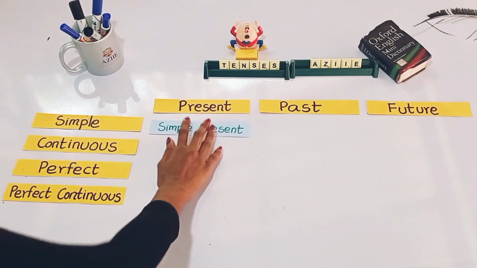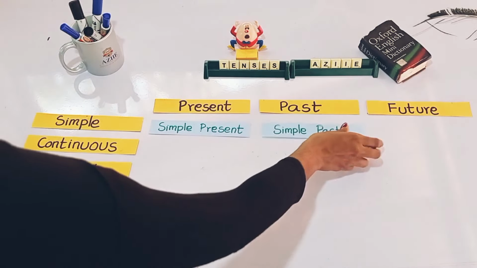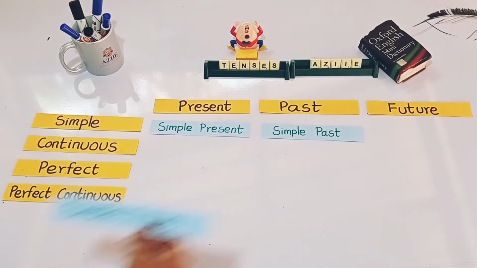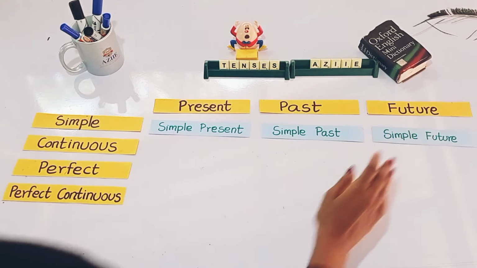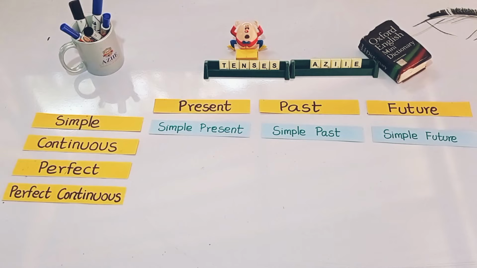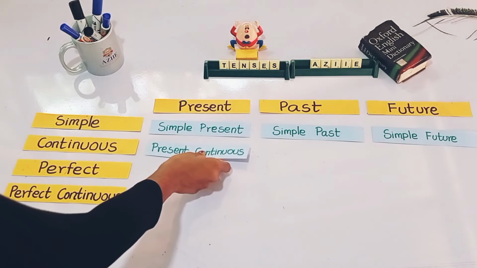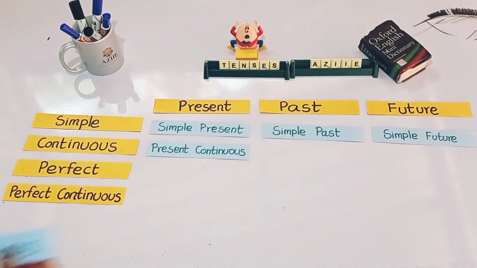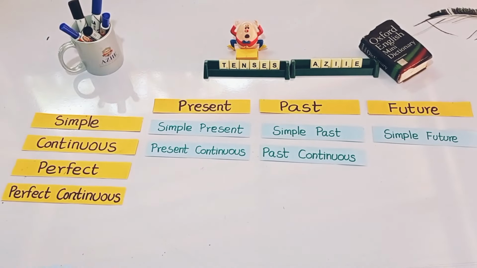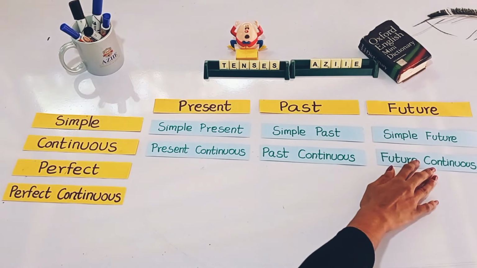Simple tenses are simple present tense, simple past tense, and simple future tense. Next, the continuous tenses are present continuous tense, past continuous tense, future continuous tense.